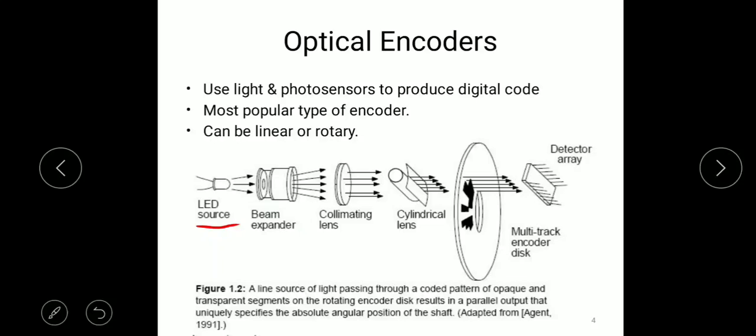That light is transmitted through a multi-track encoding disc.